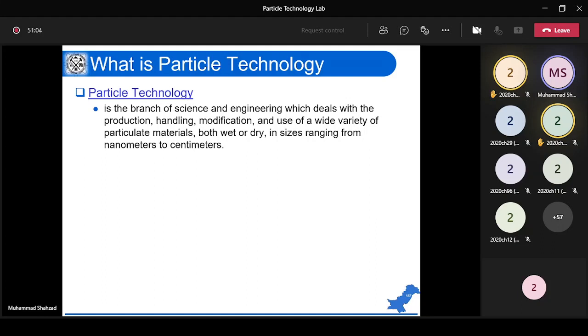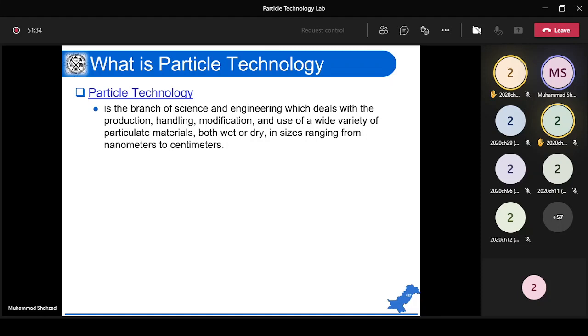For example, we are processing iron ore, and when we process iron ore, then we get the final product in the form of particles, and these particles will have different size as compared to the raw materials, right? So this is also production. When you get a product from a processing unit, that is also production.